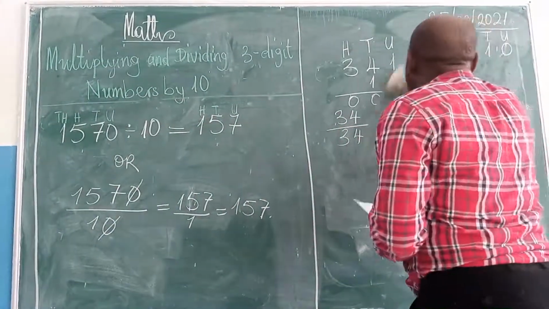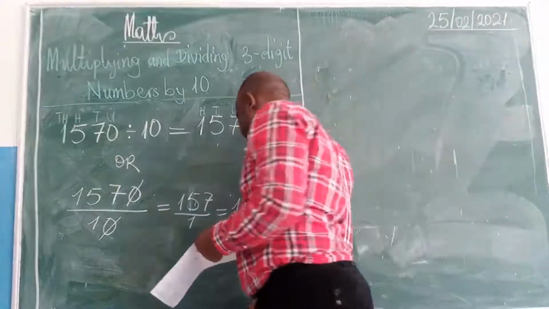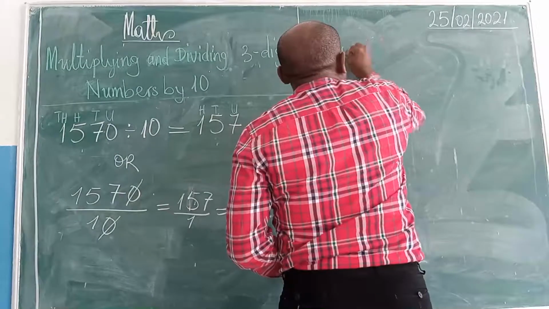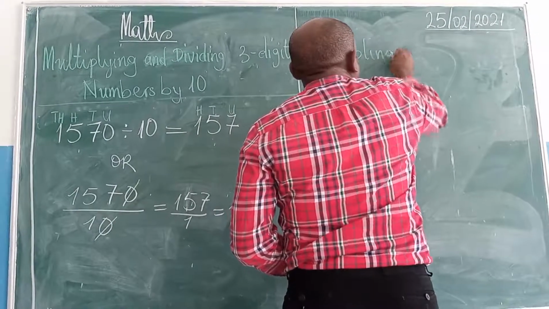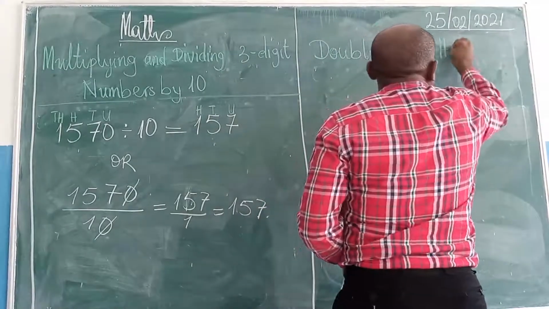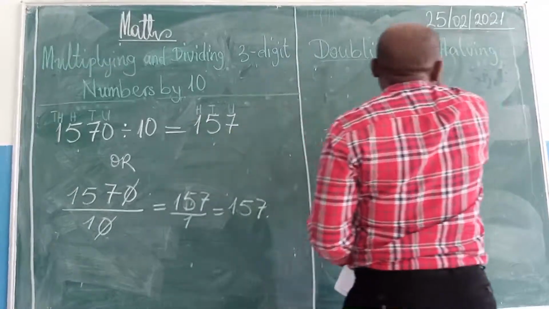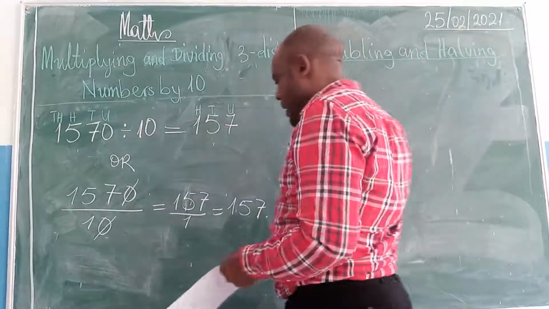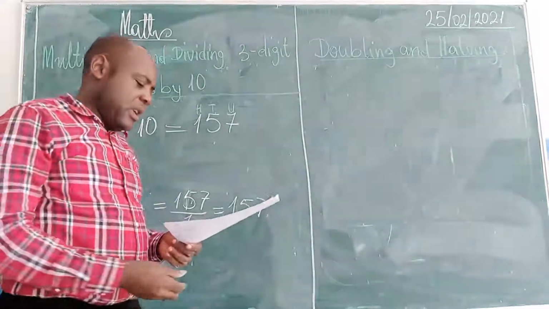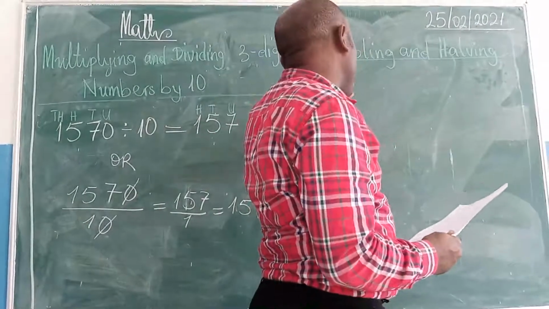We move to doubling and halving. Now, let's start with doubling.